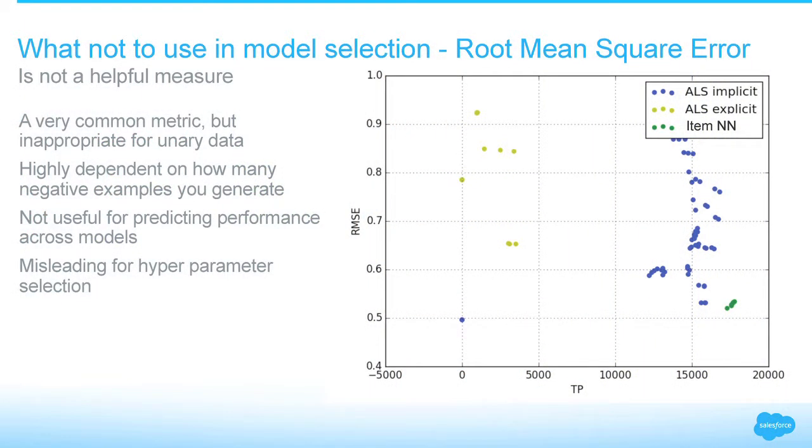So I'm just going to start off by saying it's not root mean square error. Not with implicit data. So what I've plotted here is basically the root mean square error on a number of runs for different models with different hyperparameters against the number of true positives actually predicted by the model. So how often is the model correctly predicting that something would appear?